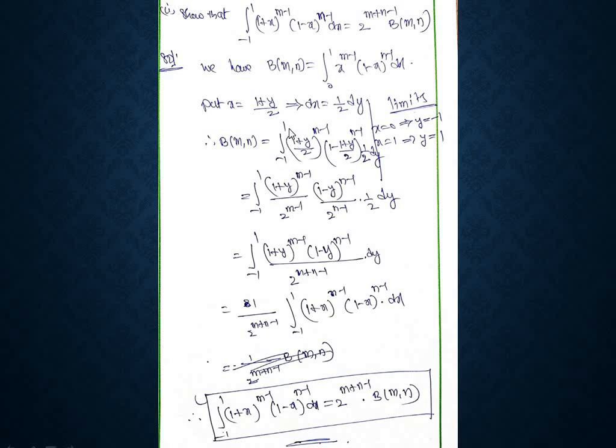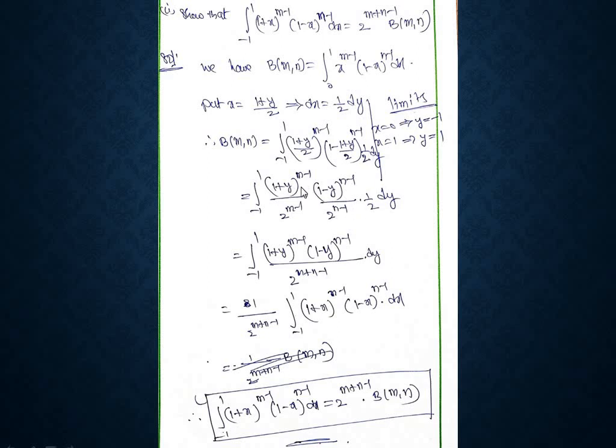So therefore integral minus 1 to 1, in place of x put (1 plus y) by 2, whole power m minus 1, into 1 minus (1 plus y) by 2, whole power n minus 1, and dx is equal to dy by 2. Okay, so now separate the powers, numerator and denominator. (1 plus y) power m minus 1 by 2 power m minus 1, and if you take the LCM, 2 minus 1 plus y means 1 minus y, power n minus 1 by 2 power n minus 1, into 1 by 2.